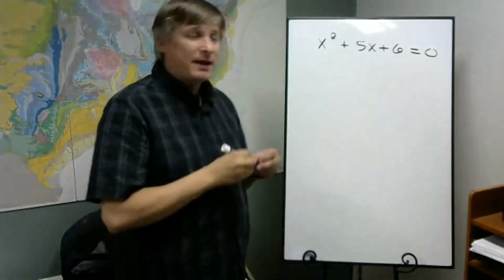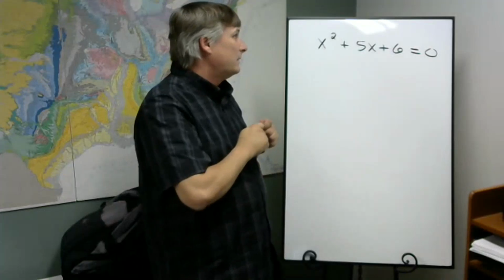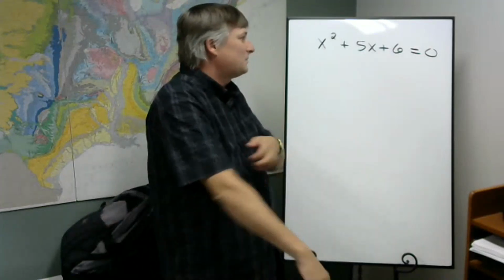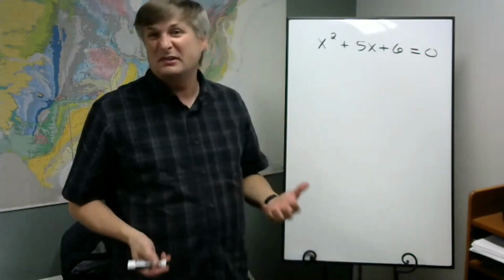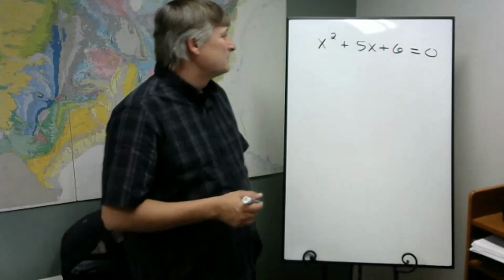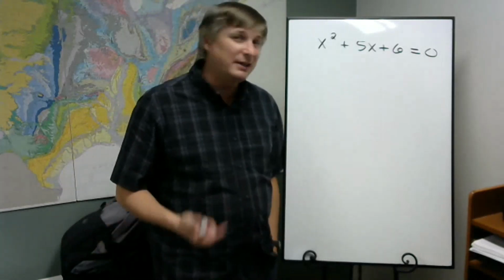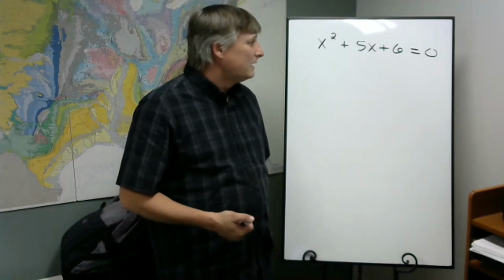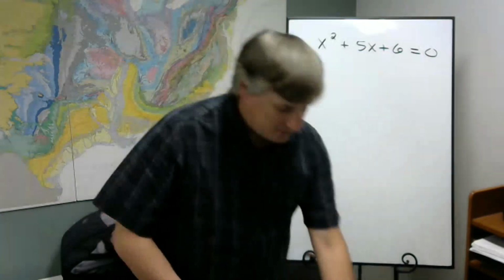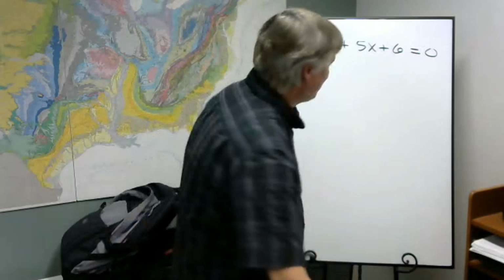So how do we do that? Well, in this case, the old tricks won't necessarily work. So we're going to use a very special kind of tool that lets us solve for x. And it's called the zero product property.